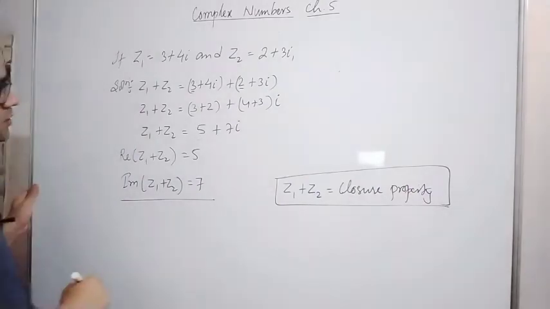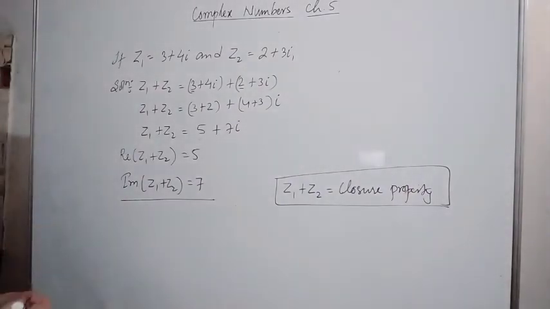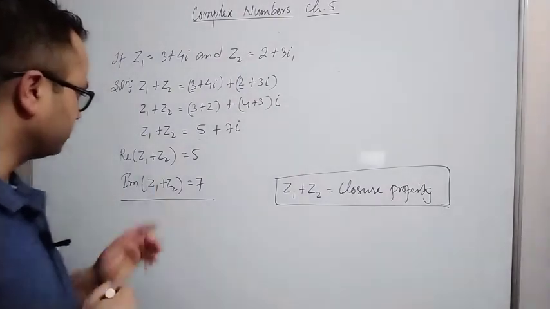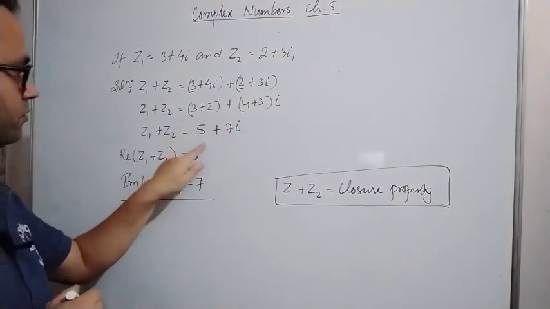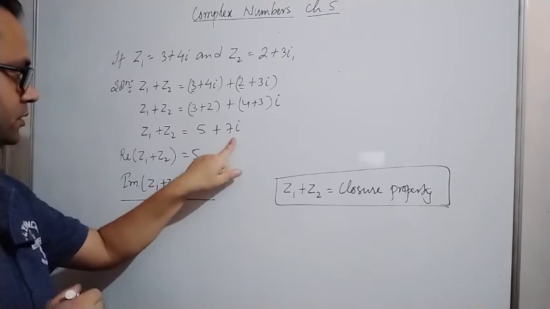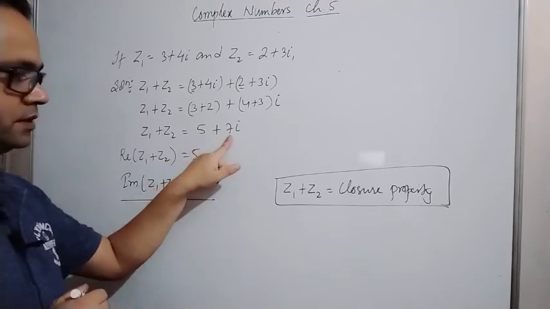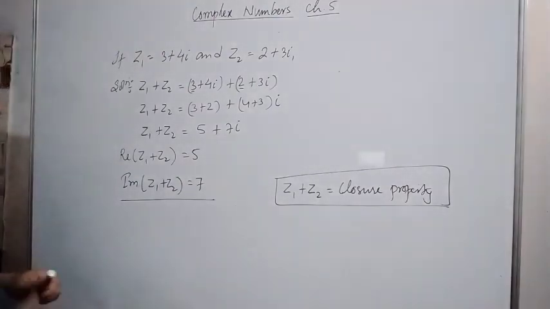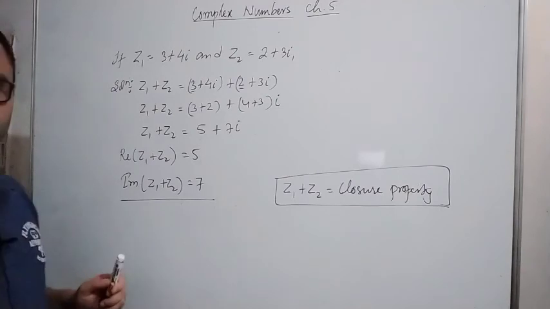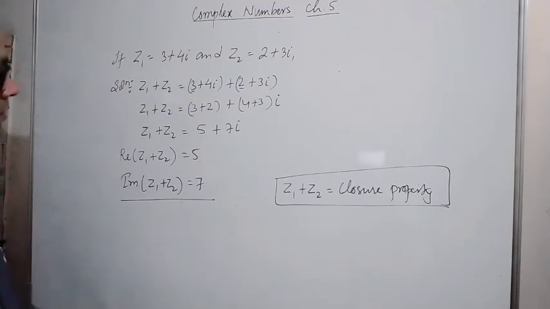Now this is the case of the closure property for addition of two complex numbers. So addition of two complex numbers is a complex number. See, a complex number is in the form a plus ib. So a is 5 and b is 7. Okay, that's all for today. I will continue the algebra of complex numbers in the next class. Thank you.